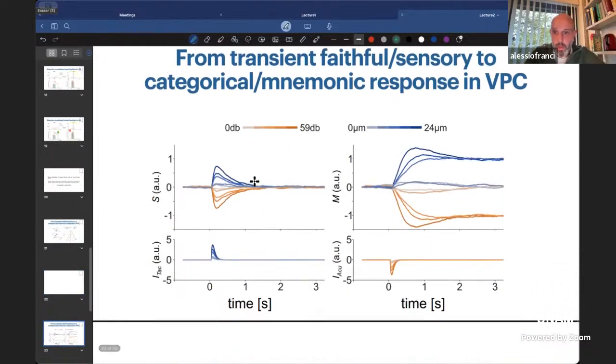And then this response is mapped into a mixed feedback dynamics with strong negative feedback, strong positive feedback that transforms this faithful response into a very categorical response that is category A, category null, and category B. So in this case would be tactile, nothing, acoustic.